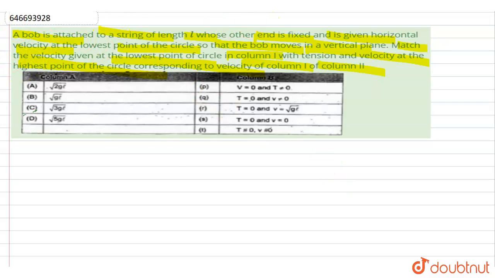Okay, firstly, according to the question, we consider one bob. This is a bob whose string length is L, and this point is the center of the circle.